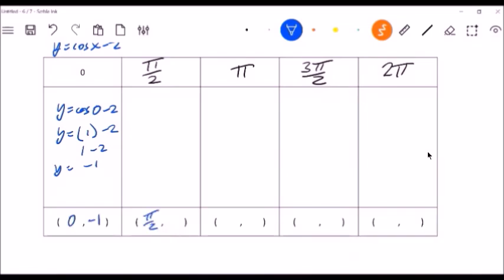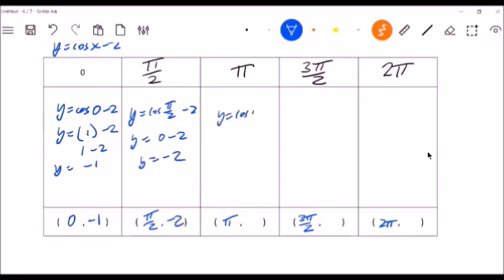Let's write the rest of these in already, so it'll be easier as we do each thing. So for the second one, it's y equals cosine of pi over 2 minus 2. The cosine at pi over 2, or 90 degrees, is 0, so y equals -2. Y equals the cosine of pi minus 2. The cosine at pi is a -1 minus 2, so y is equal to a -3.